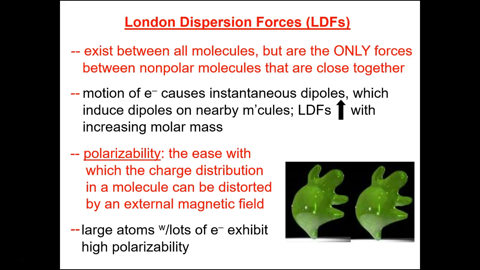So make sure you understand LDFs are in nonpolar molecules, and it's because they have lots of electrons hanging out around stuff. Those electrons can sometimes cause a momentary instantaneous dipole, which then gives some interaction. LDFs are much smaller than DDFs, and much smaller than IDFs as well.